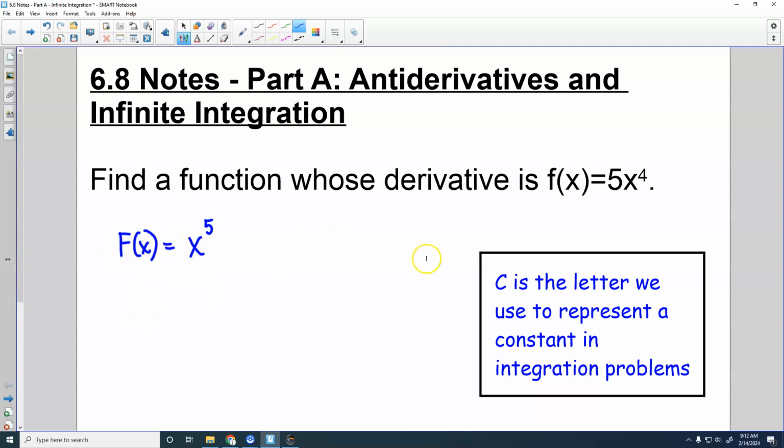Now, this is not our only answer we could have. Somebody give me another one. Alright, I don't know how close that is to whatever you said, but that also has a derivative of 5x to the 4th. But what we are going to do most of the time, whenever we are doing this, is called indefinite integration.